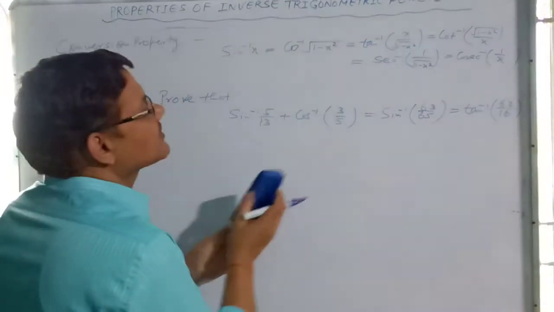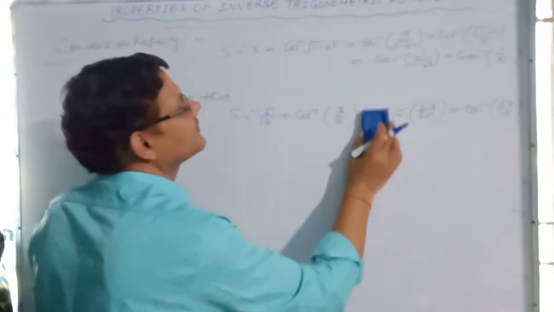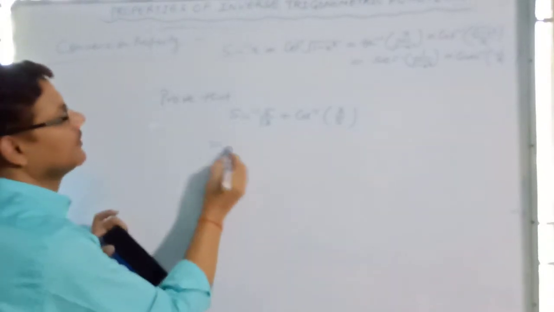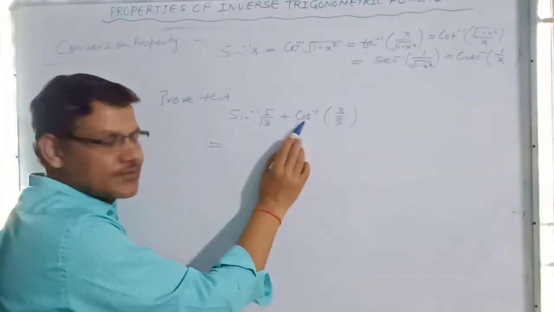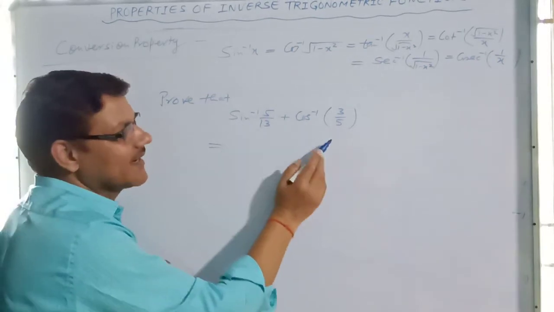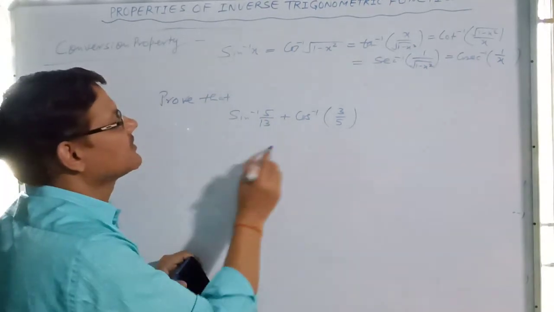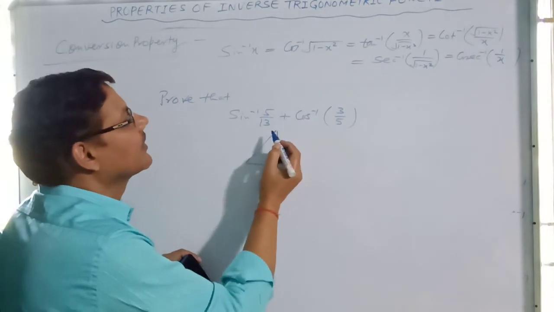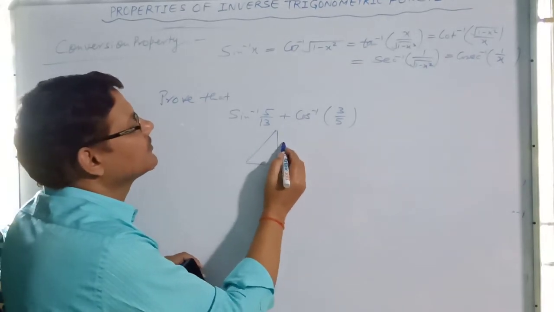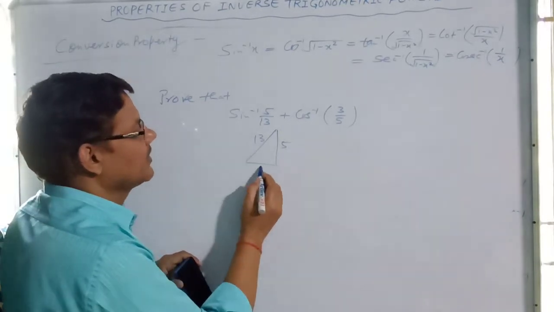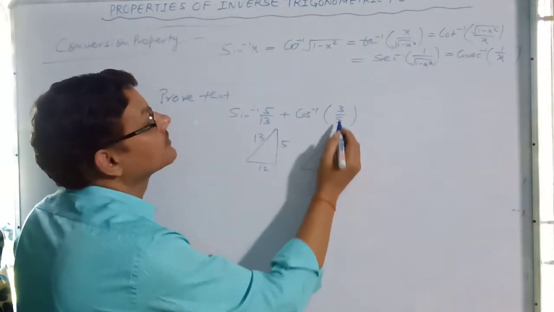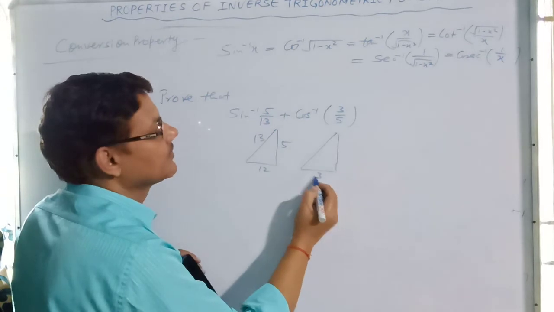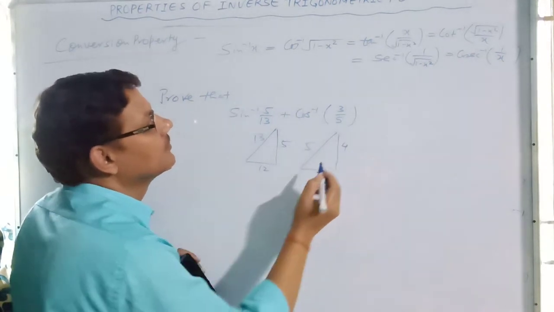So starting from the left side, we either make it the same, sin inverse or cos inverse, or we change to tan. And when we make this triangle, here we write the perpendicular. So by Pythagoras theorem we get 12, and here the base is 4.